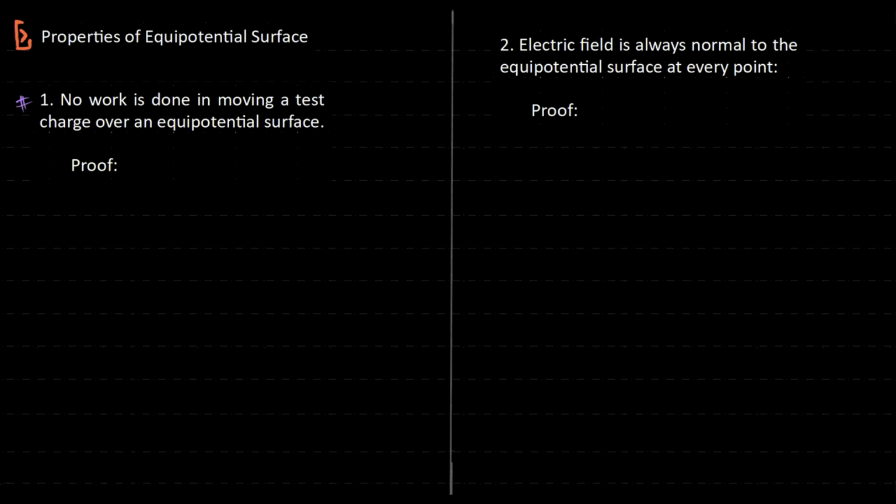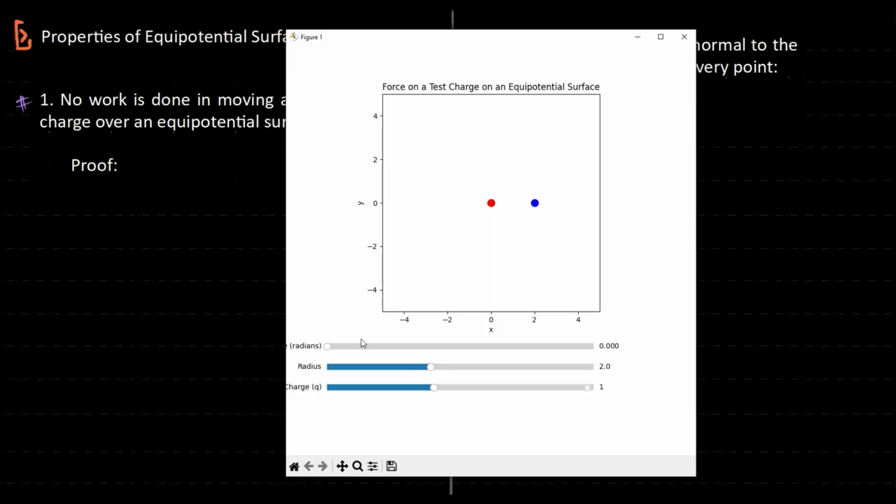Let's look at the idea of equipotential surface again and its properties. Equipotential surface has to do with, say we have a set of points. If you move around that point, the amount of force will not change. Of course, anywhere else, like over here, the amount of force is different.